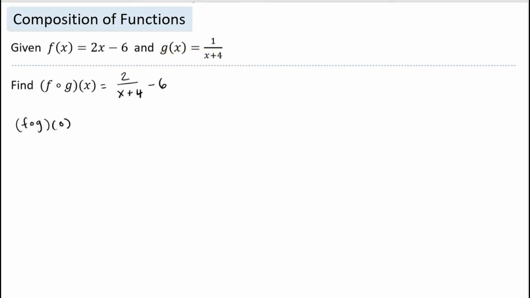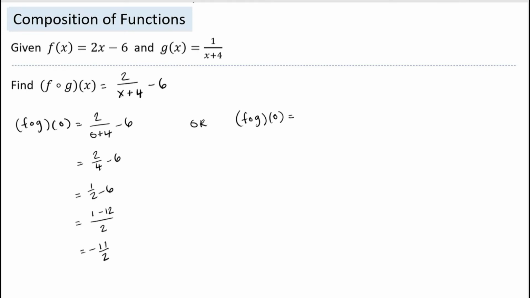Let's compute the composite function f of g at x equal to 0. We have 2 over 0 plus 4 minus 6, which is 2 over 4 minus 6. So we get 1 over 2 minus 6. Then we get 1 minus 12 over 2. So the answer is negative 11 over 2.